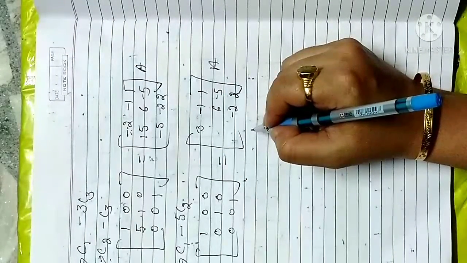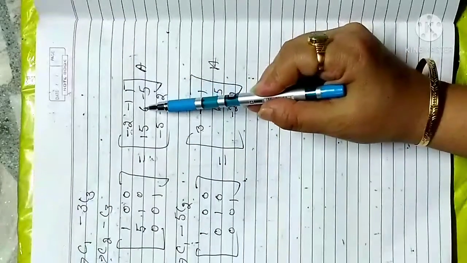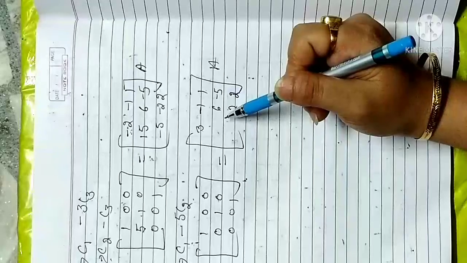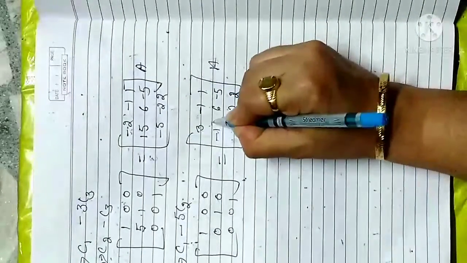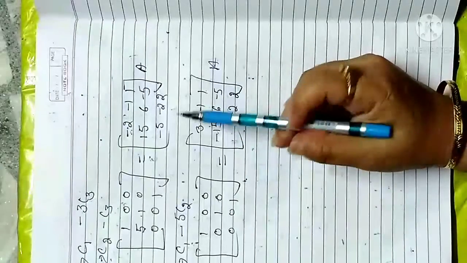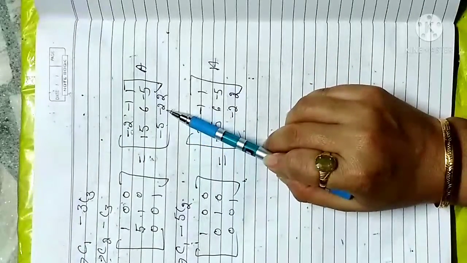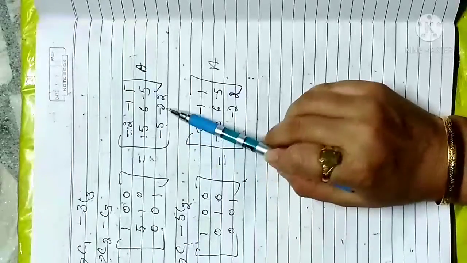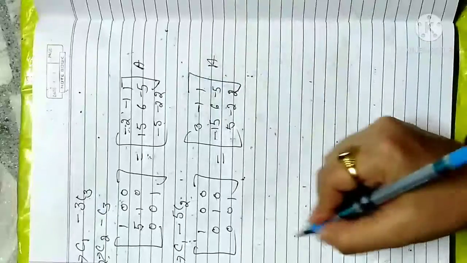Okay, so now next is 15 minus 30. So 15 minus 30 gives me minus 15. Now here minus 5 and plus 10, minus 5 plus 10 gives me 5. So that is my required.